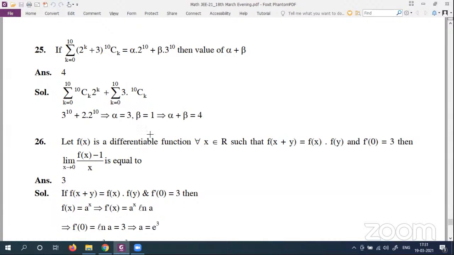So we get the value of alpha plus beta is 4. Simply applying the formulas of this, we have direct formulas for these terms. So applying the direct formulas and simplifying, we can compare and get the values of alpha and beta.